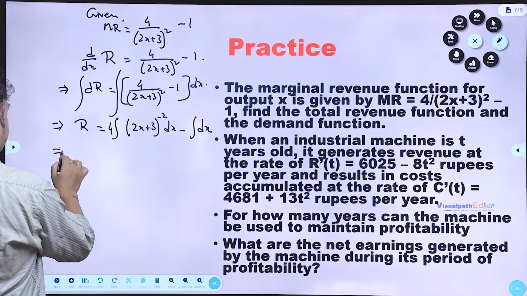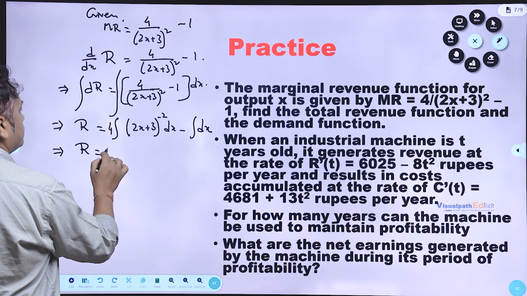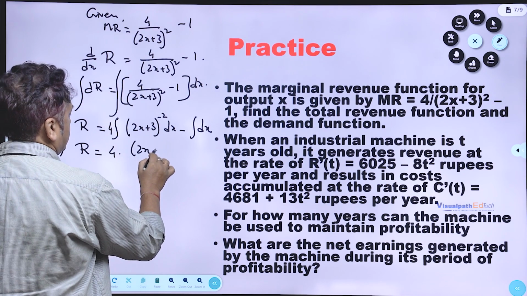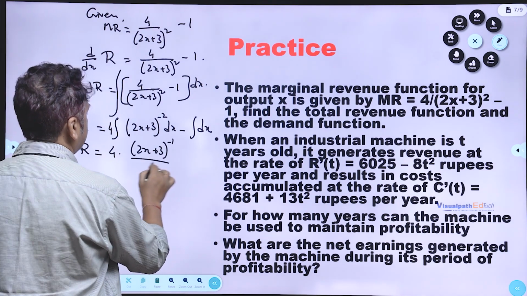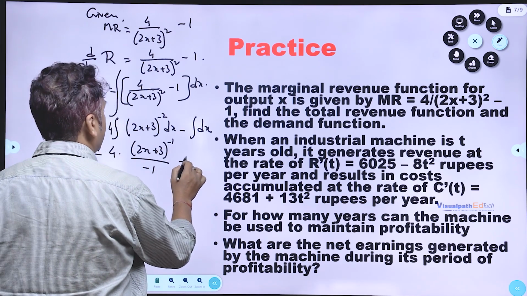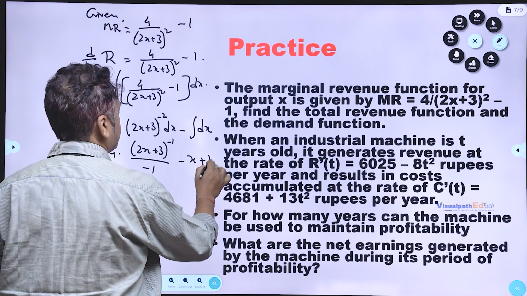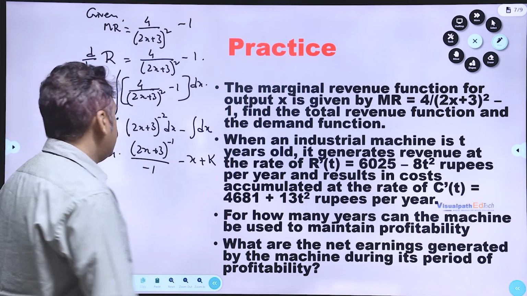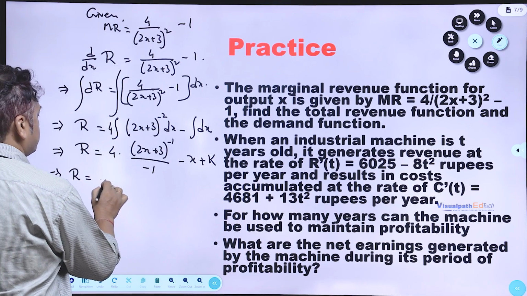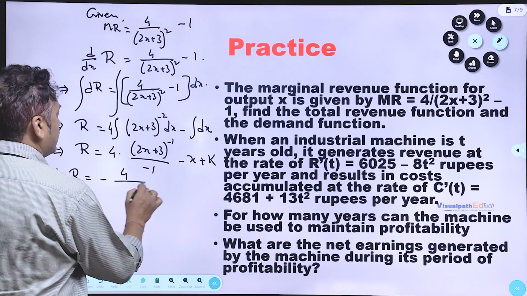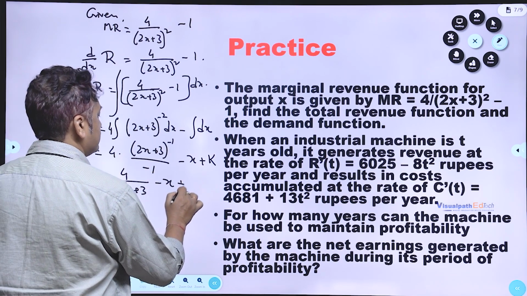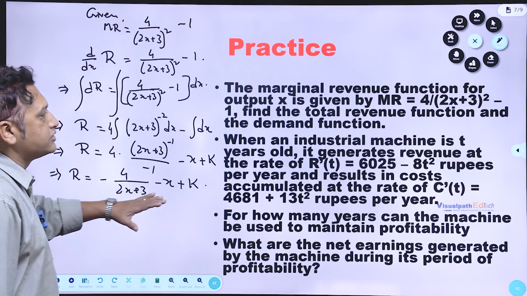So that way we will get R is equal to 4 into (2x plus 3) whole thing to the power minus 1 divided by minus 1, and then we have minus x plus k, where k is the constant of integration. So this gives us R is equal to minus 4 divided by (2x plus 3) minus x plus k. So this is the revenue function.